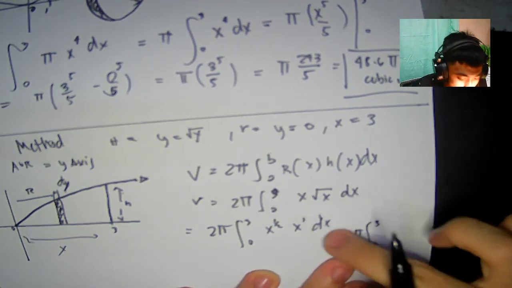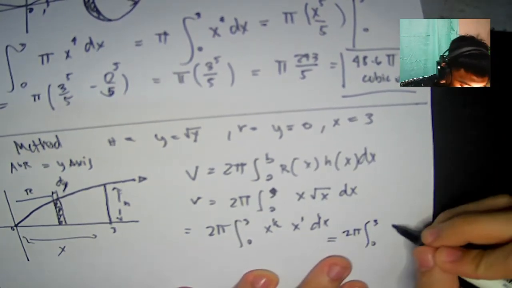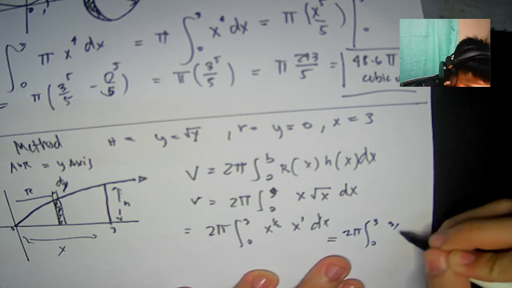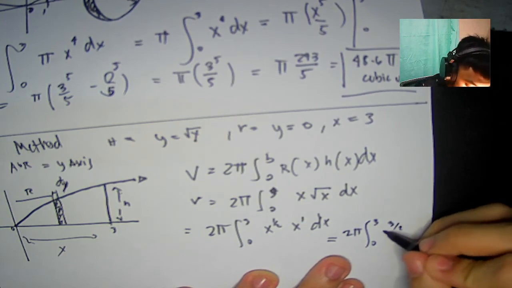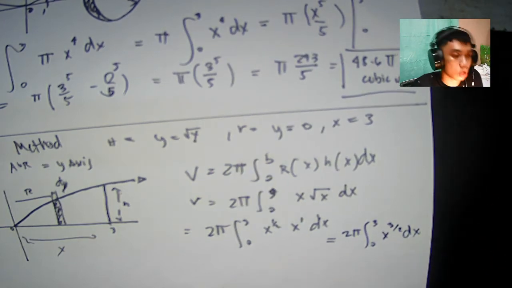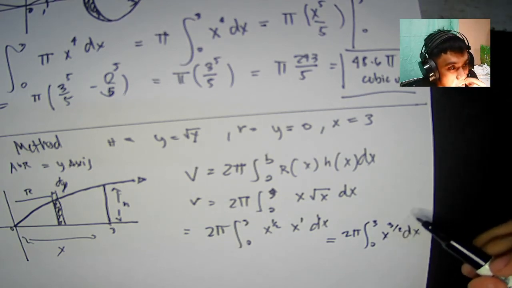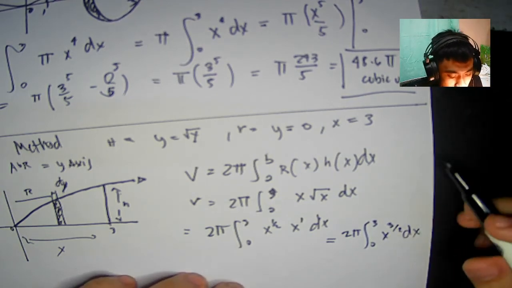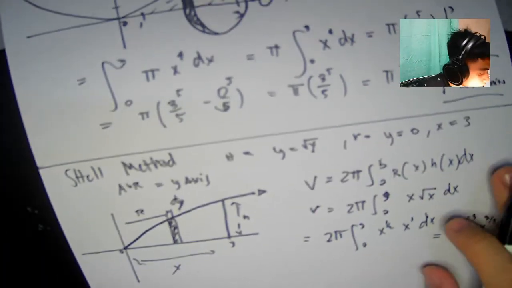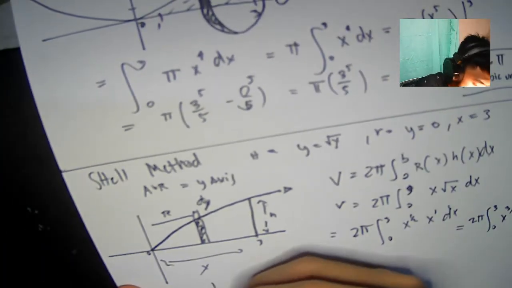So 2 over 2, 1 plus 2 is 3, and the other is 2, same denominator, so dx. So 2 pi x to the power of 3 halves dx. Okay, so we can integrate.